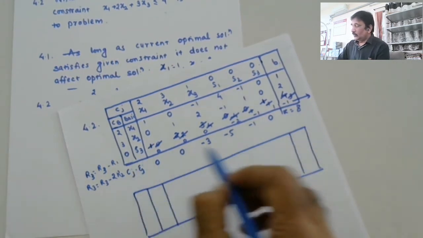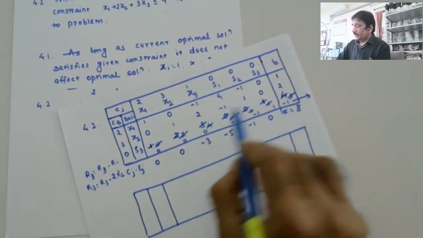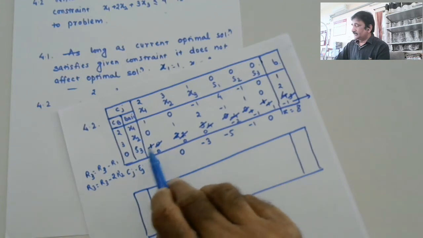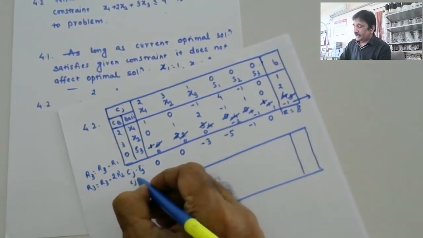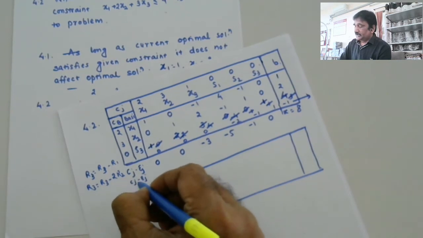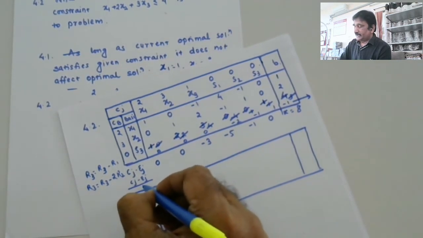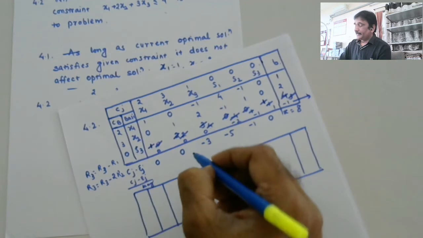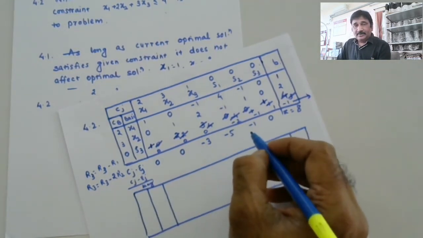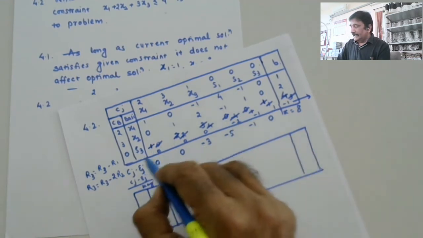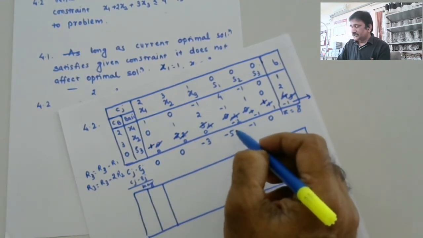And I know very well that S3 is leaving. Now, which variable should enter? I should have done that earlier: Cj minus Ej divided by the key row entries. Let me do that. This ratio I have to find only for the variables which are negative in this row. Ratio must come positive.